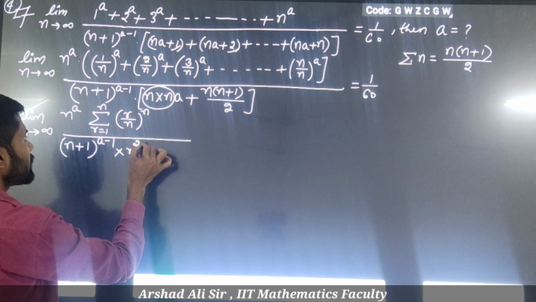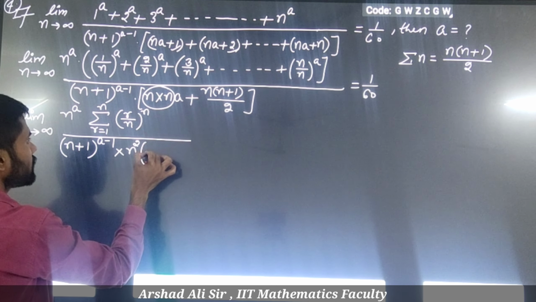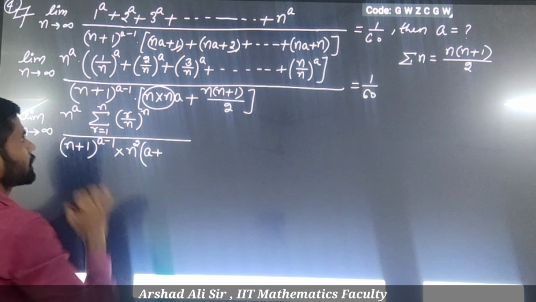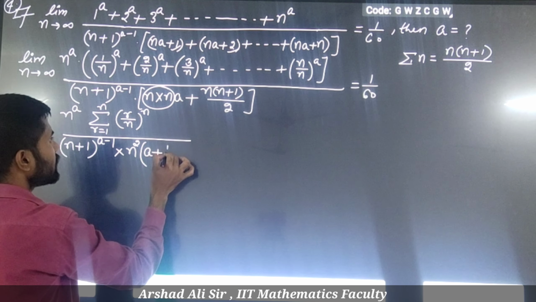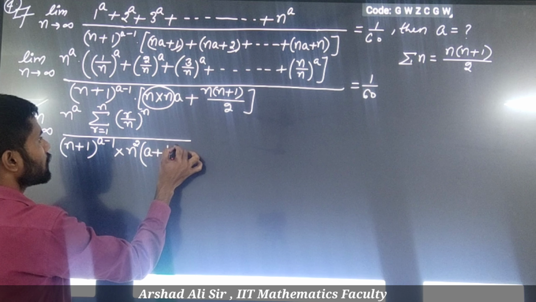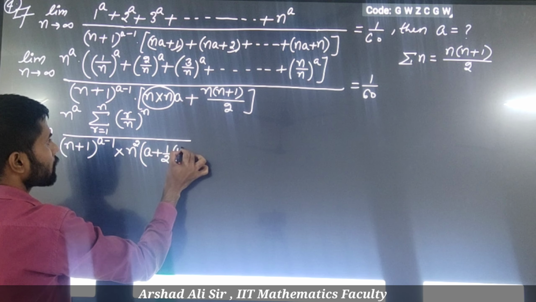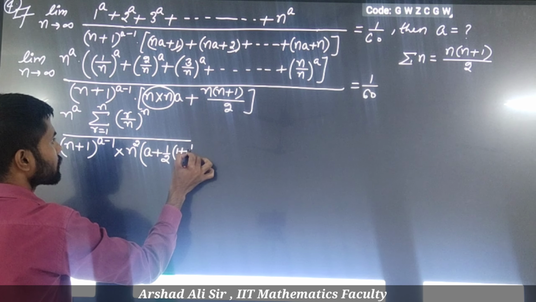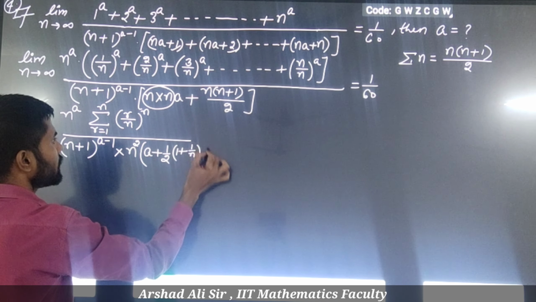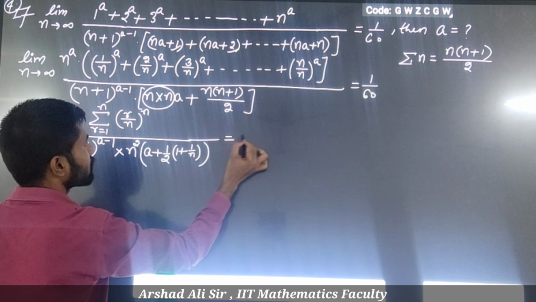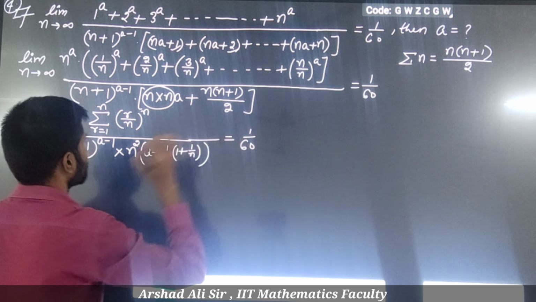Okay, if we are taking n square as common, so here we have only a plus, here we have 1 by 2 into, we are taking n as common, so here we have 1 plus 1 by n, and it is equal to 1 by 60.